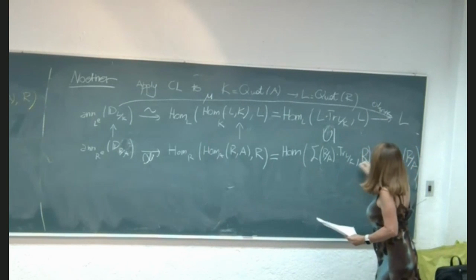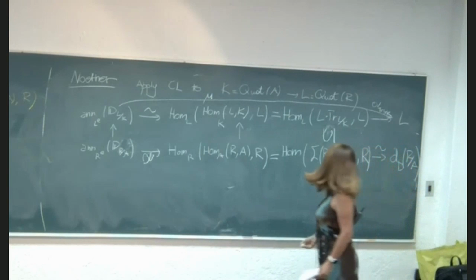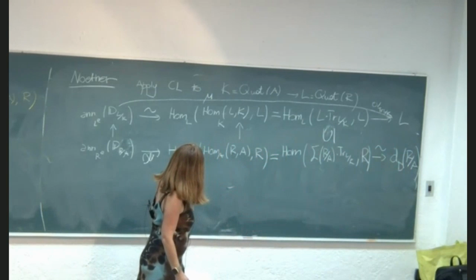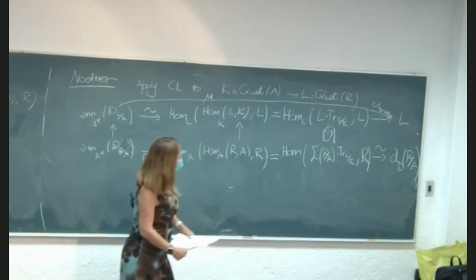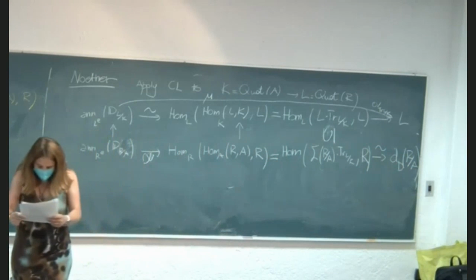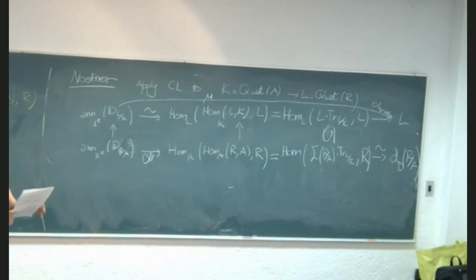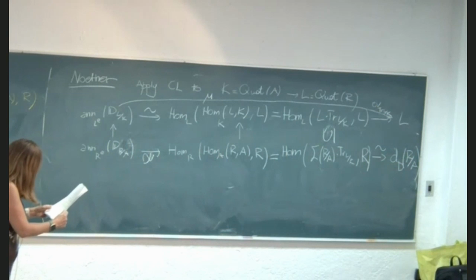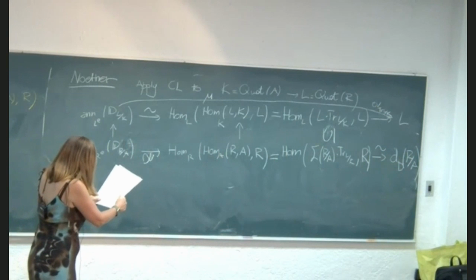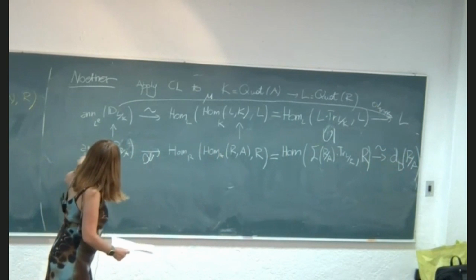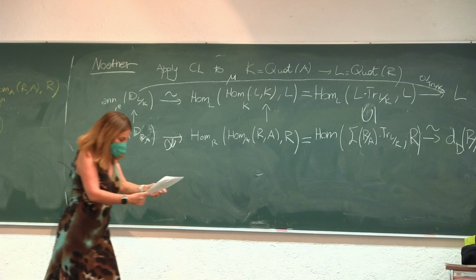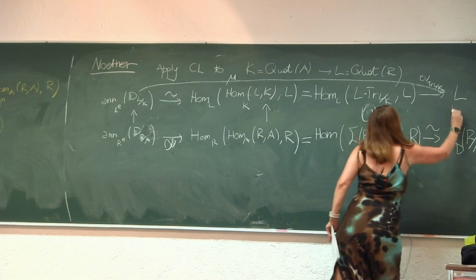And then here you have an isomorphism because this is exactly, remember, the Dedekind different of R over A. The inverse of this. This is R, not L. The inverse of this is exactly the Dedekind different. We have seen this before. One of the corollaries, the Hom of this in this is the Dedekind different. Okay? That's how I can think of the Dedekind different.